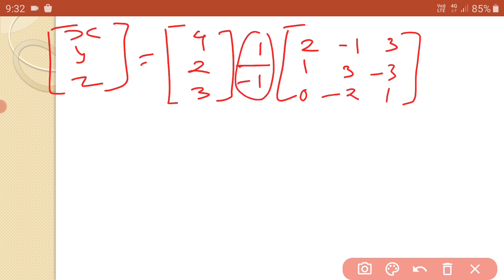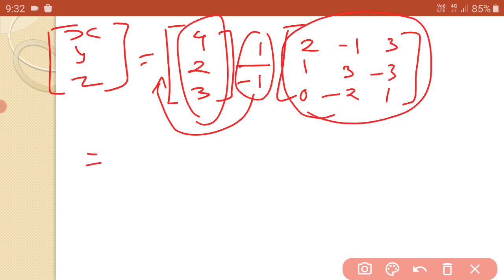This value we write here first. So the very next step is to multiply these both values.